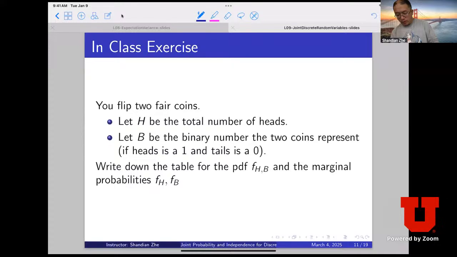We start with discrete random variables. Say I have two random variables.